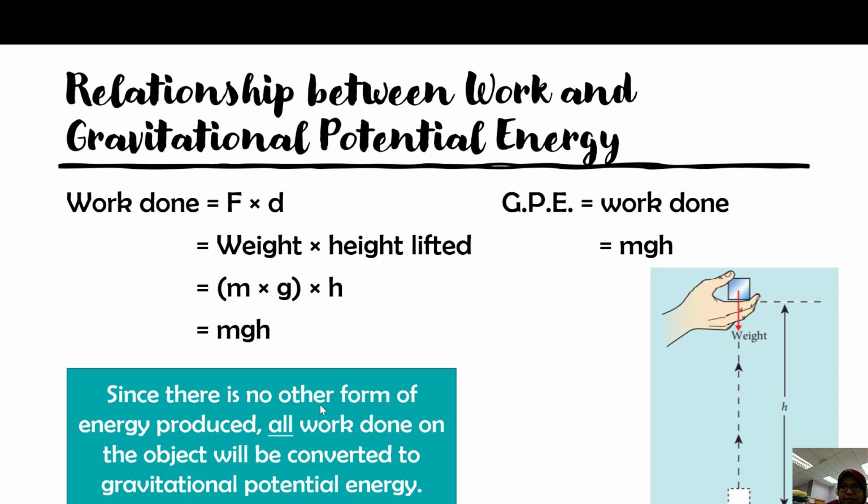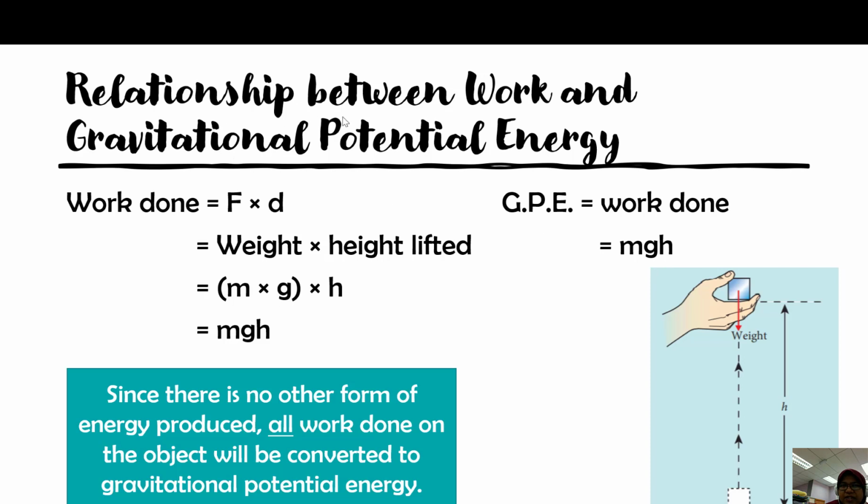Since there is no other form of energy produced, all work done on the object will be converted to gravitational potential energy. So you can now calculate GPE, which equals work done, which equals mgh.